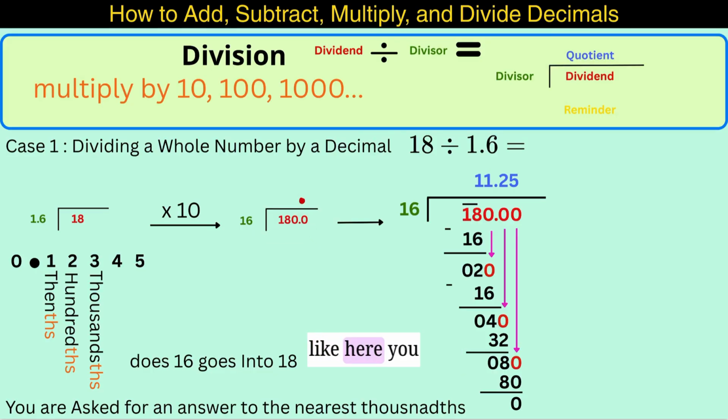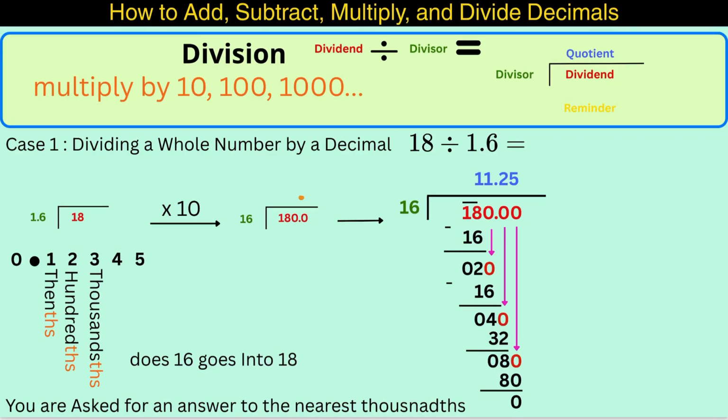Exactly like here. You see it? Why? Because when you divide 2 numbers and one of them has a decimal point, of course you're going to get a decimal point in the answer. So you must line it up from the beginning.